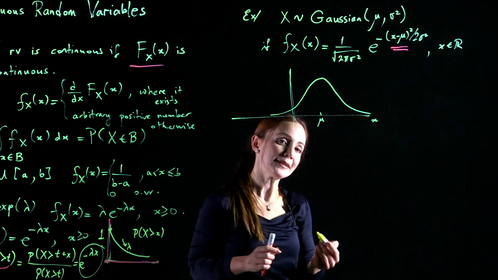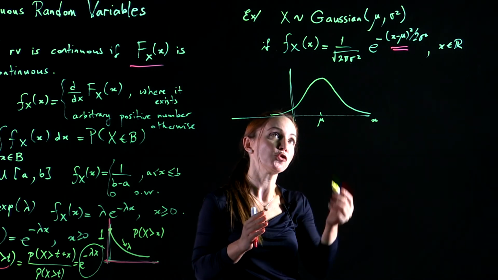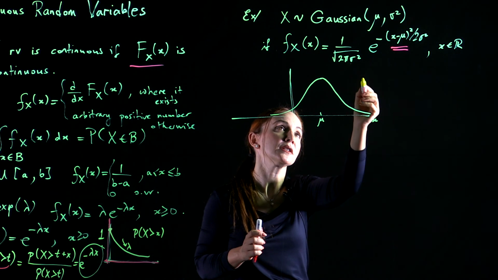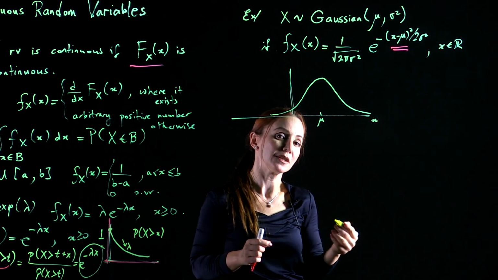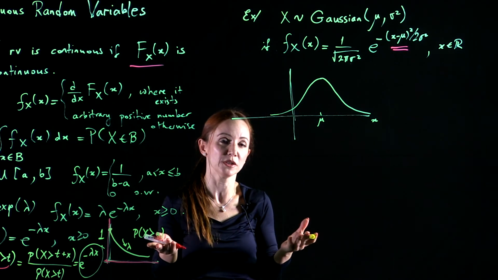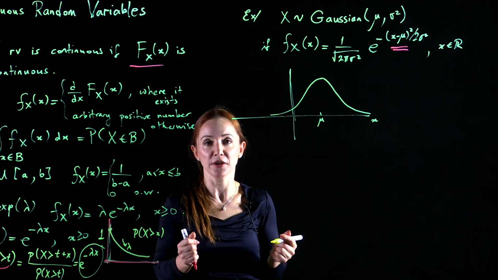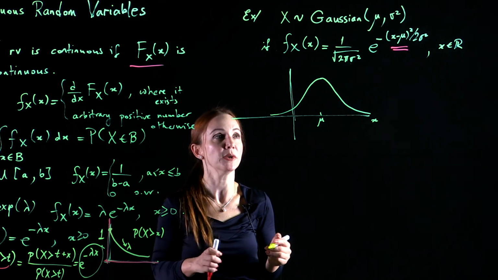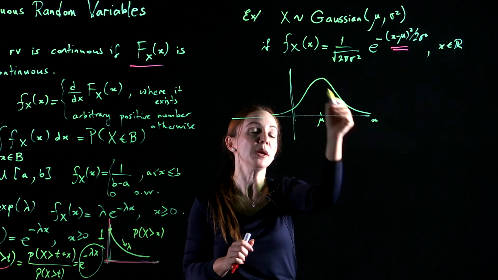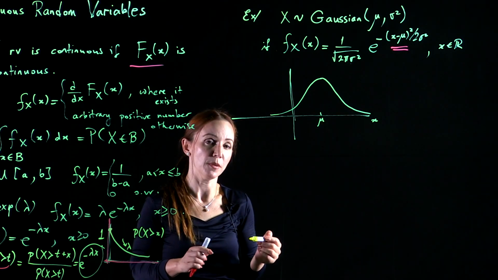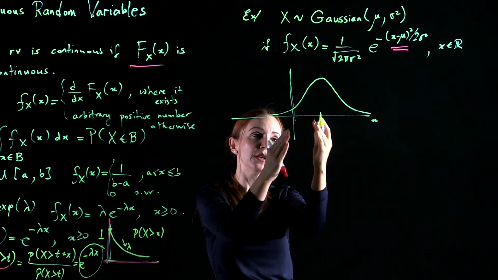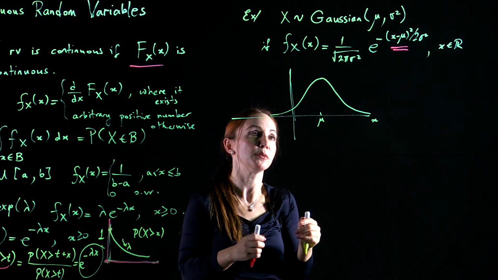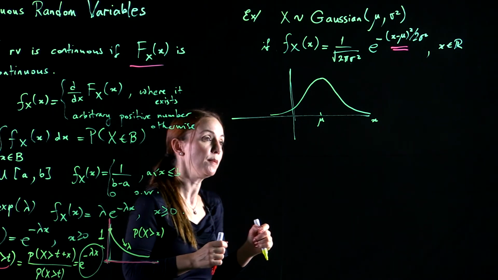Now, how fast this drops is controlled by this variance. The square root of this variance parameter is called the standard deviation. We'll formally define the concepts of variance and standard deviation later on, but this shape is controlled by sigma. How widespread or how concentrated it is around mu is controlled by sigma.